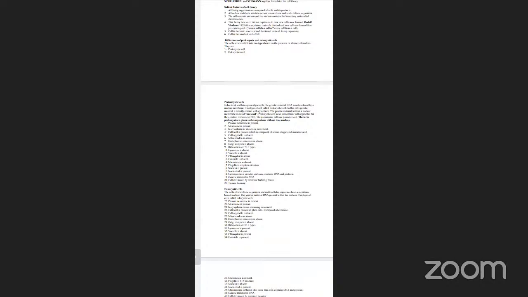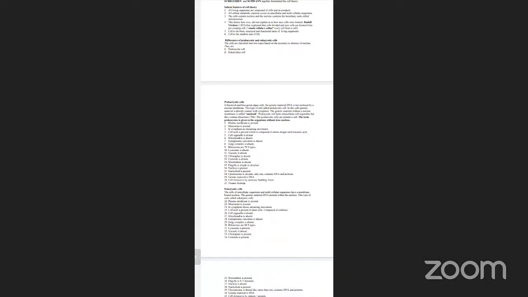Karyon means membrane or nucleus. So a true nuclear membrane is present in these cells, and those cells are classified as eukaryotic cells. Apart from this, we have so many differences between prokaryotic cells and eukaryotic cells.